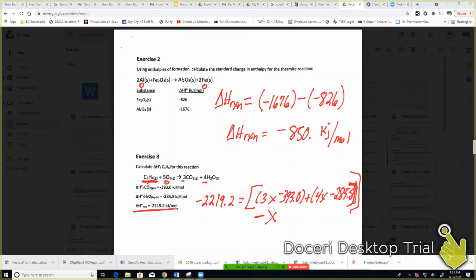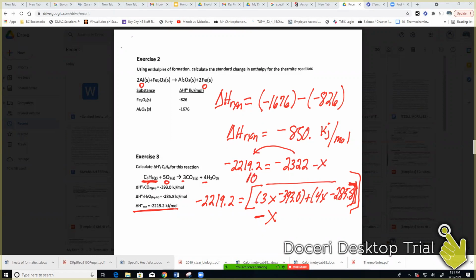Whenever I did it, I had to do all that separately. I know y'all are probably better at getting it all into the calculator. So from there, I had negative 2,219.2 is equal to, so all of that together was negative 2,322. And then I still had my minus X. So I brought my 2,322 over and it became positive.